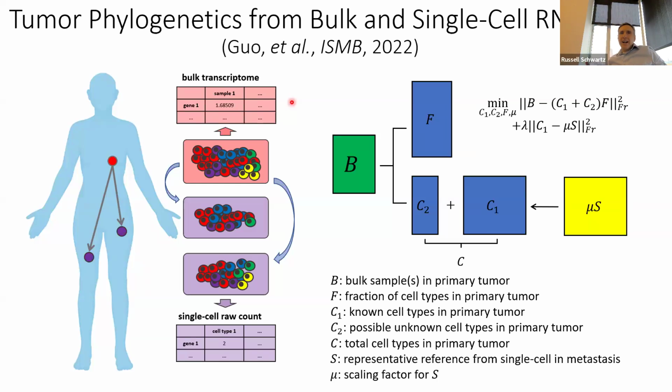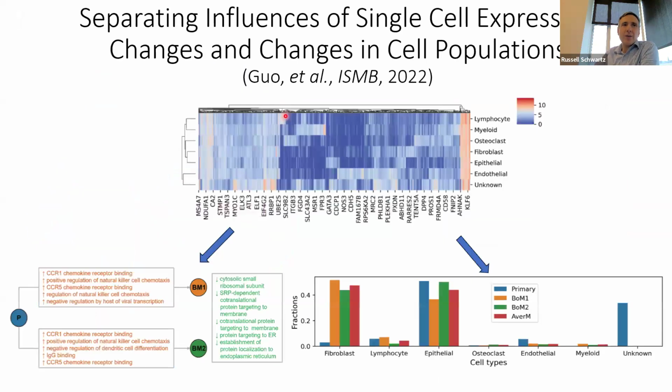Once again, technology can give us better ways of understanding what's happening here. So bringing in some of the newer single cell technologies, we can use similar sorts of methods to rationalize what's going on more accurately at the single cell level and start to take apart some of these confounding effects to understand, for example, what exactly is changing in the populations of cells around the tumor cells at different sites, and separate that from the influences of expression changes in single cells.